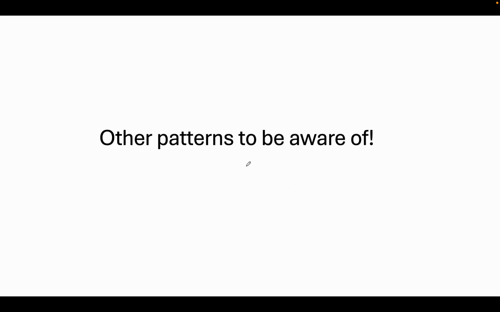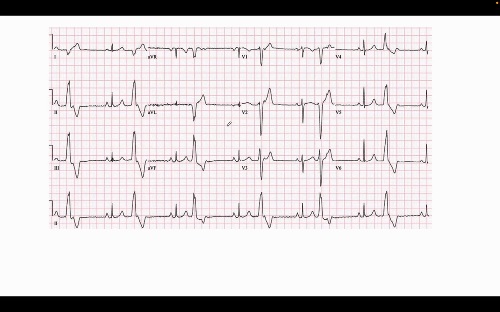So there's some other patterns to be aware of, and they're quite simple once we go through a few examples. So in this case, we can see a normal sinus beat followed by a ventricular ectopic, followed by a normal sinus beat, followed by another ventricular ectopic, followed by a normal sinus beat, followed by another ventricular ectopic. So we have this 1-to-1 ratio of normal and abnormal, and we call this ratio a ventricular bigeminy.